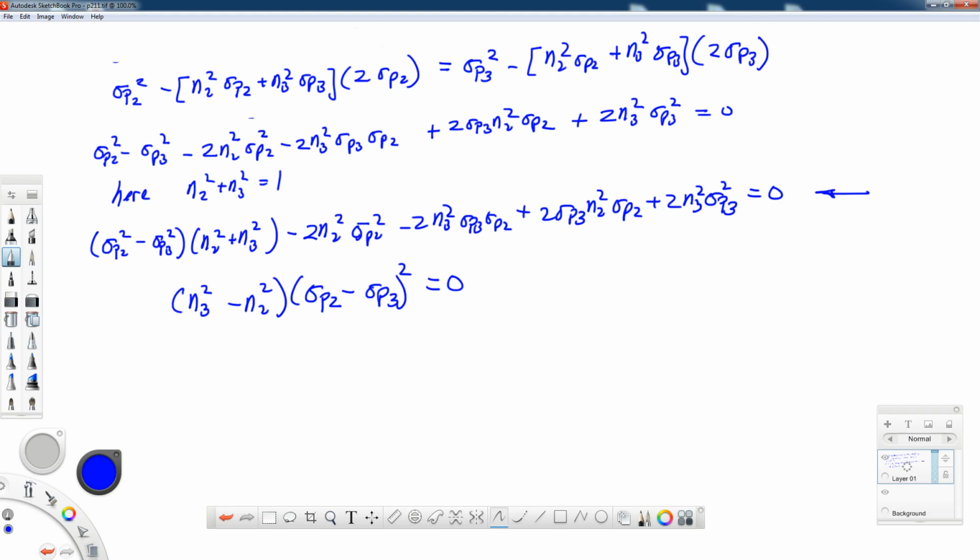Alright, now there's a couple of ways that this could be 0. One way is if sigma p2 and sigma p3 are both equal to the same thing. Now, if that is the case, that's kind of a special case where we don't have any shearing stress in the plane sigma p2, sigma p3.